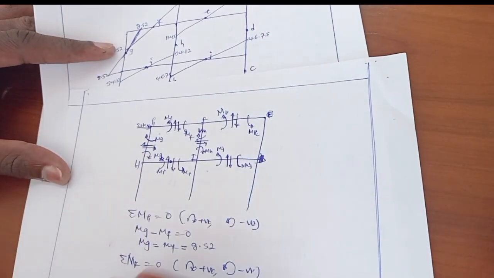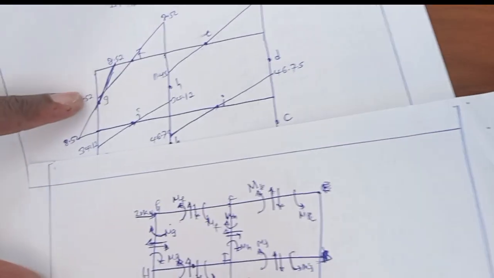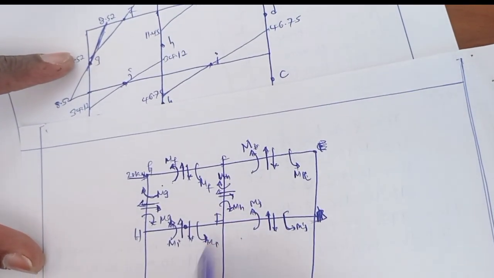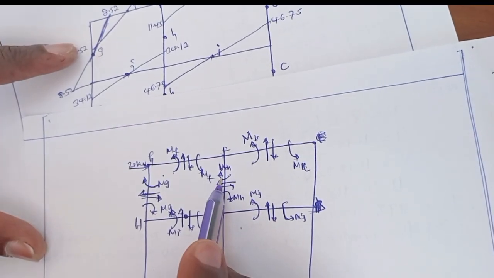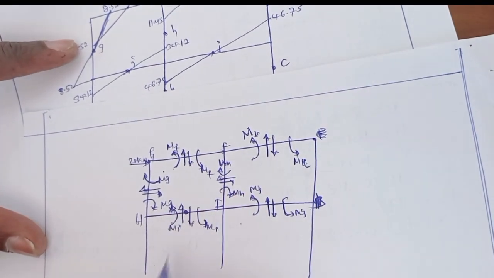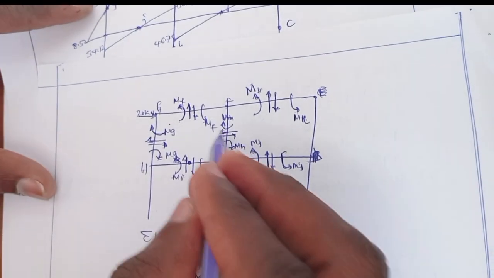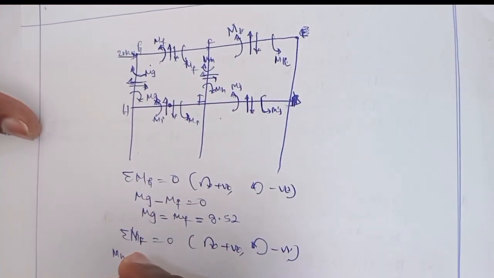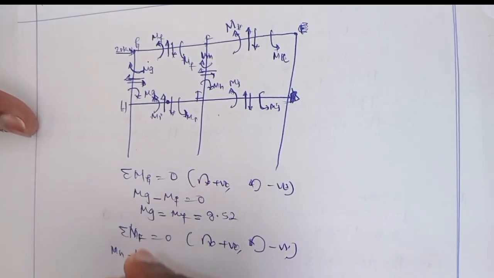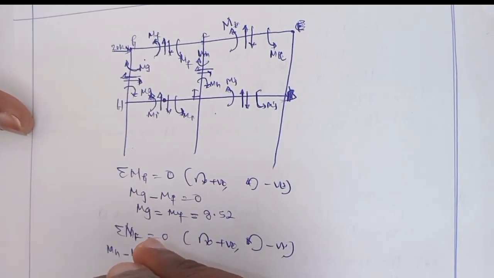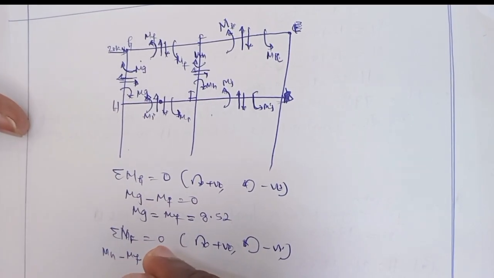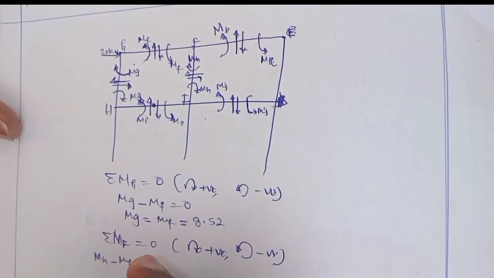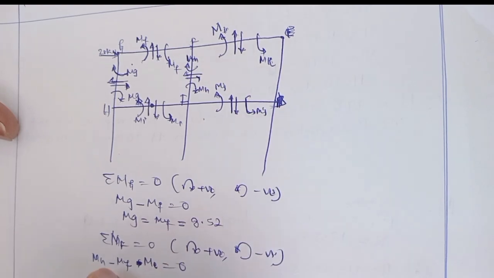For equilibrium at this point, we have the bending moments MH, MF, and ME. MH is in the clockwise direction, so it's positive MH. MF is in the anti-clockwise direction, minus MF. ME is in the anti-clockwise direction, so it will be negative here, is equal to 0.